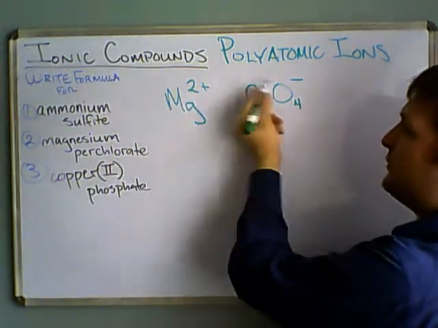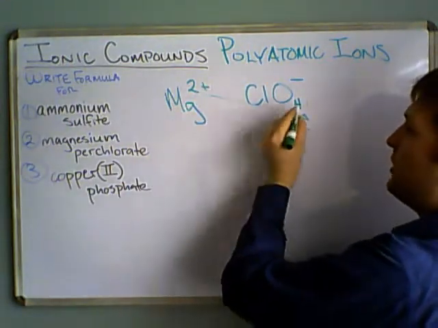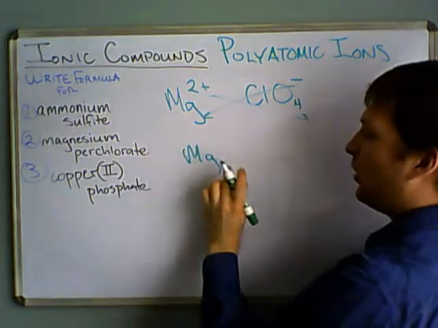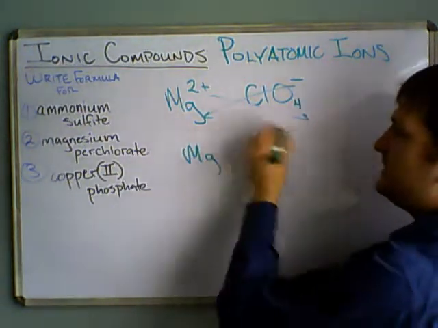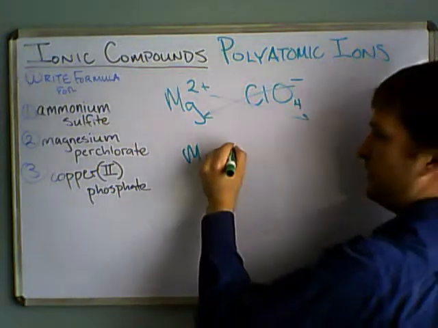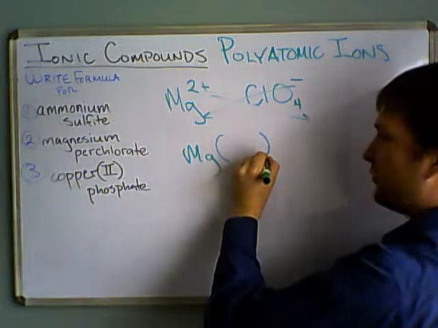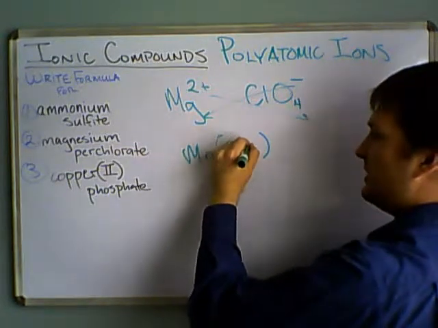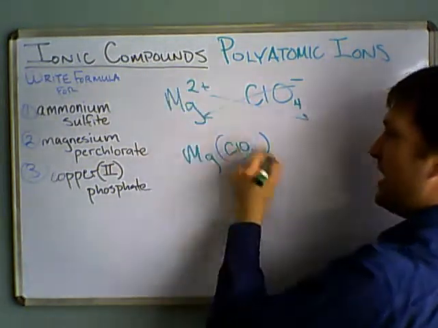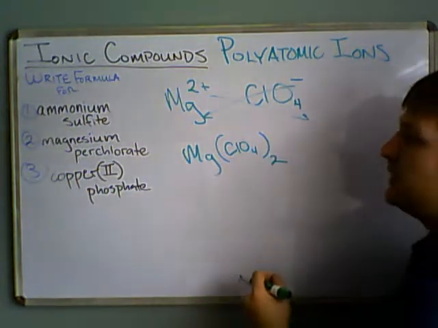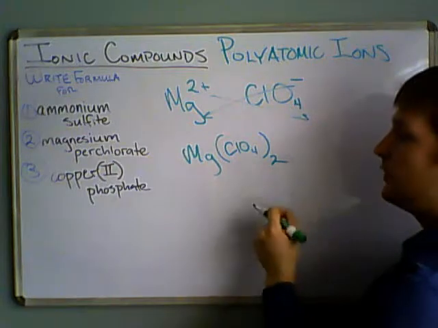Now, different charges, so we're going to do the cross thing here. Magnesium gets 1, and now ClO4 needs 2. Remember, this is 1 ion, 1 unit, so we have the parentheses, ClO4, and there are 2 of them. So that's the formula for magnesium perchlorate.